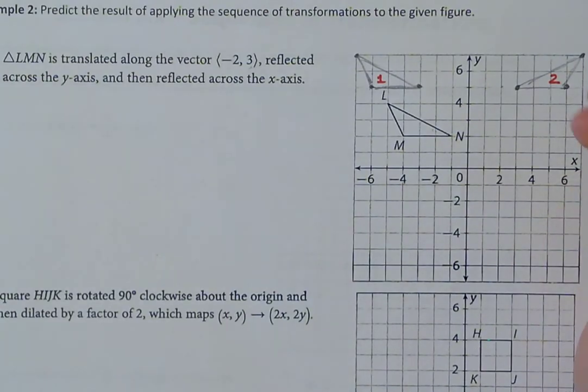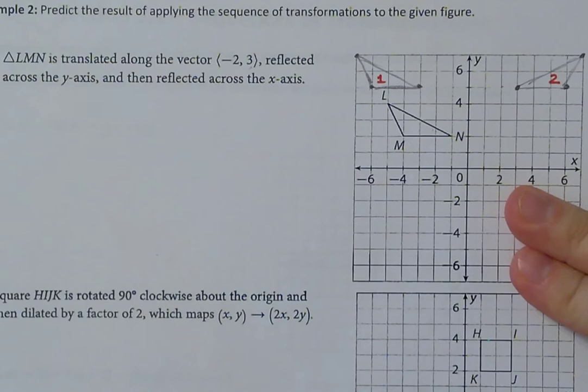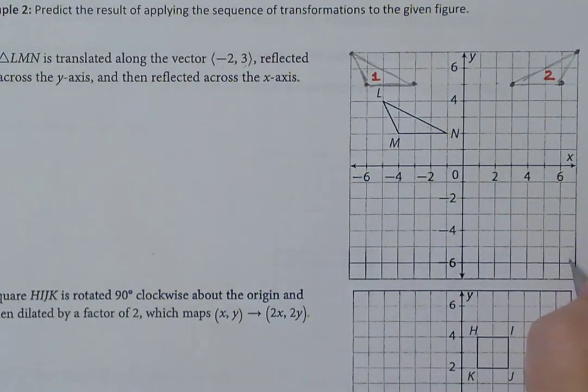And then I want to reflect this across the x-axis. So my x-axis means I need to take this triangle and reflect it down here. So I need to flip this down to here. So that is going to end up, let's see, this point's going to end up here.